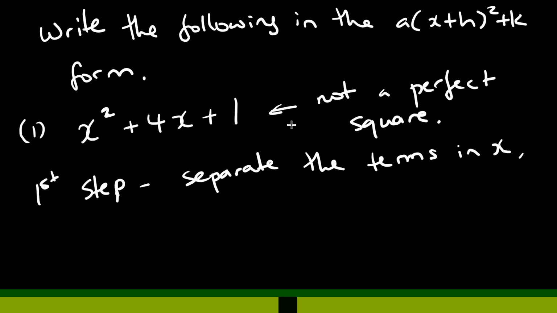So where I had x squared plus 4x plus 1, I only really focus on x squared plus 4x, and I put the 1 on the outside. Now, why am I doing that? I'm doing that because I can't make a perfect square with the 1. I'm going to use the x squared plus 4x to do what we did just before this. Make a perfect square. What would be that last term?